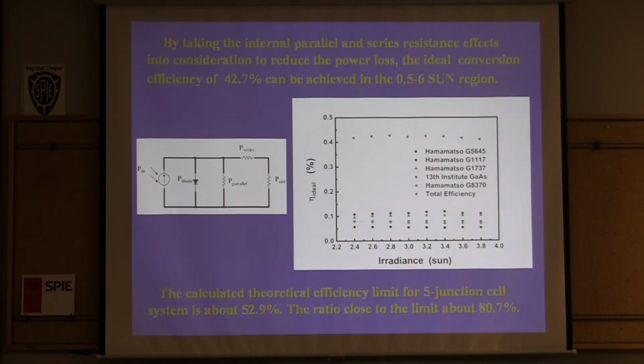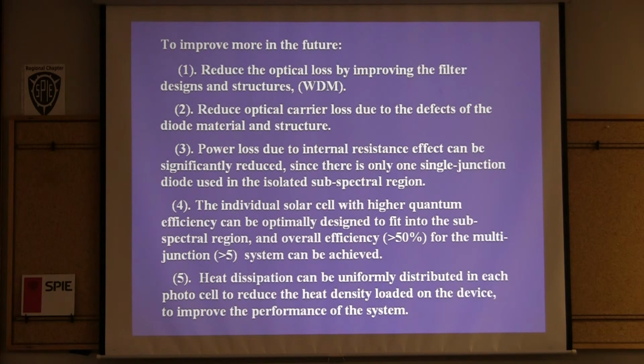Like if not a multiple band diode, it's very difficult. A single junction diode is easy. Reduce this internal resistance. This should be 0. This should be infinity. So we will improve more in the future.